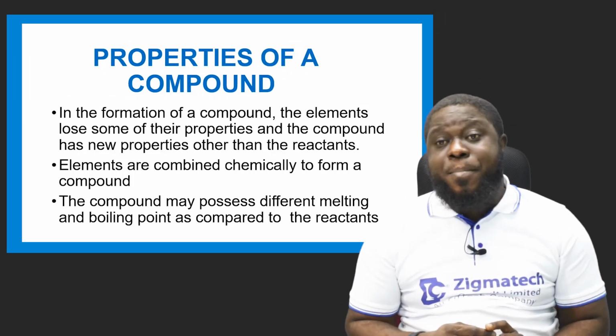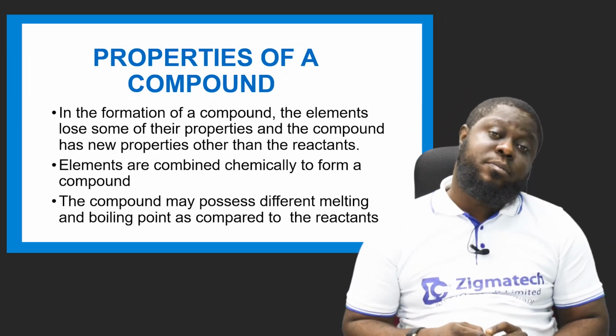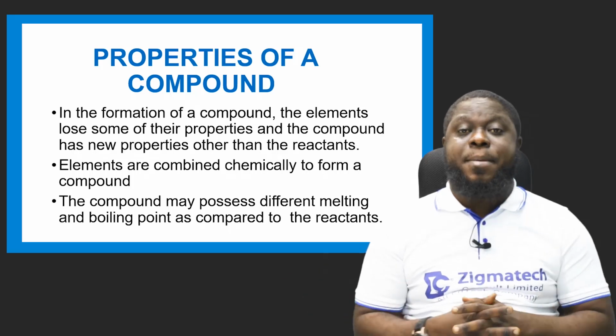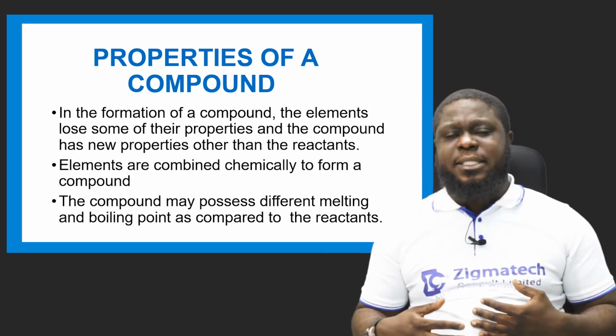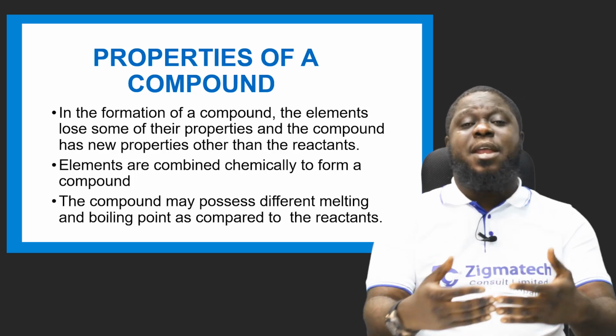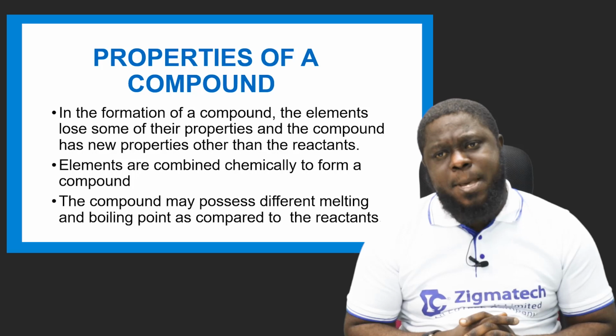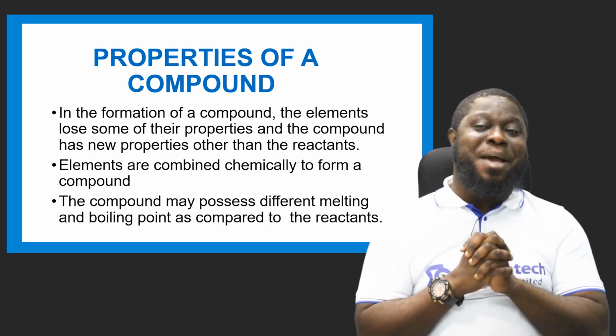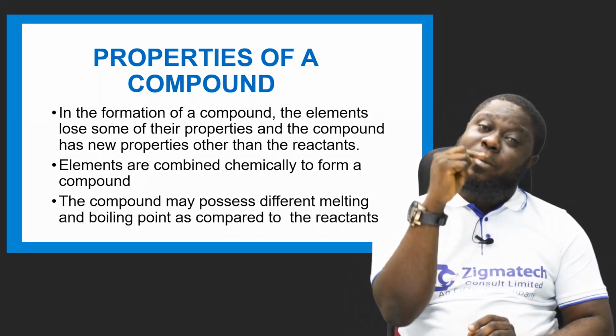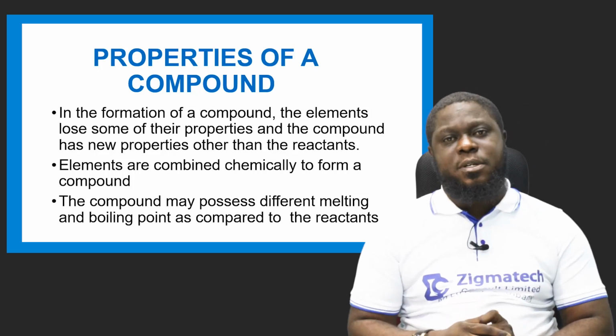Now, elements are combined chemically to form a compound. I told you that a chemical reaction is a transformation. In essence, they transform from point A to the production of point B. When these elements combine together chemically, they will not form the same substance that they are made of.